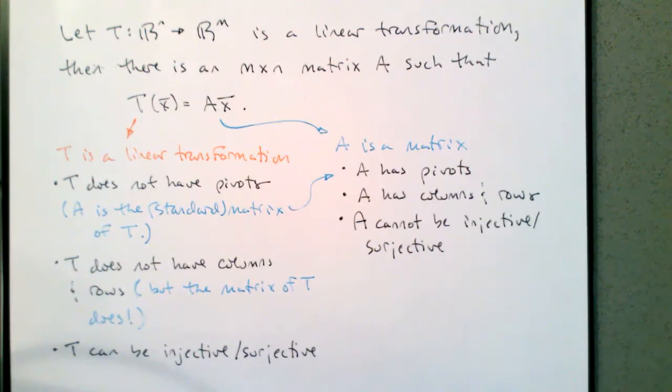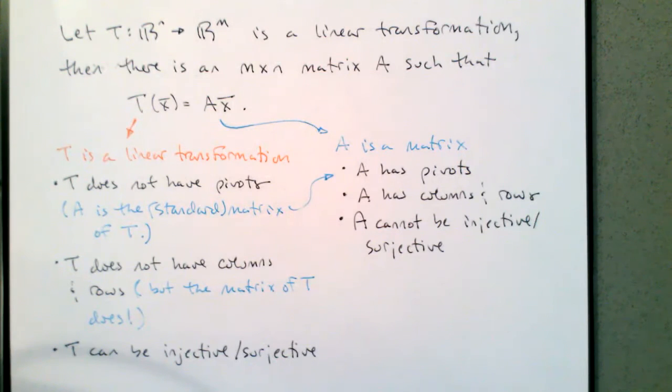But we have to be careful when we're talking about a transformation versus a matrix. T is a linear transformation, A is a matrix. T does not have pivots because T is not a matrix. The standard matrix of T does have pivots.